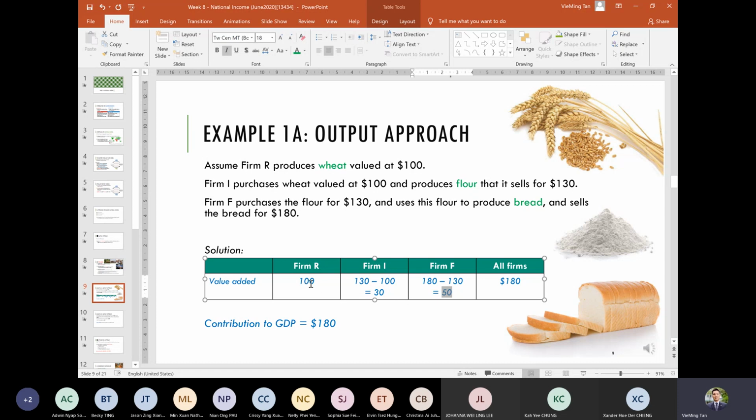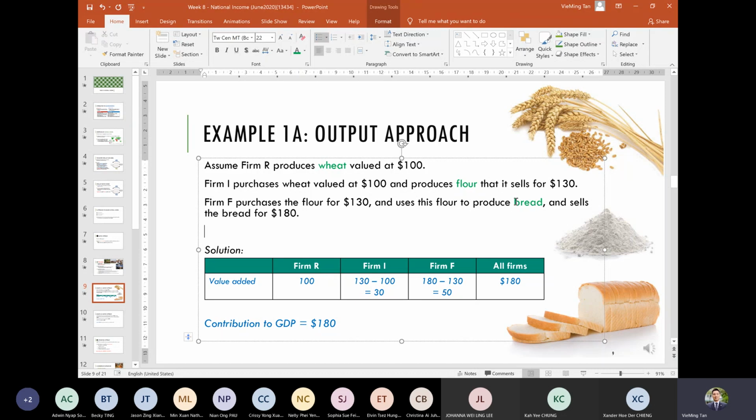If you use 100 plus 30 plus 50, you also get 180. But the easiest way for the output approach is to focus on which one is the final product. In this case, bread is the final product, so we just use the value of bread as the contribution to GDP. The answer is 180.